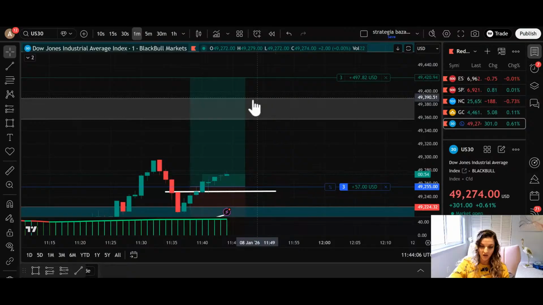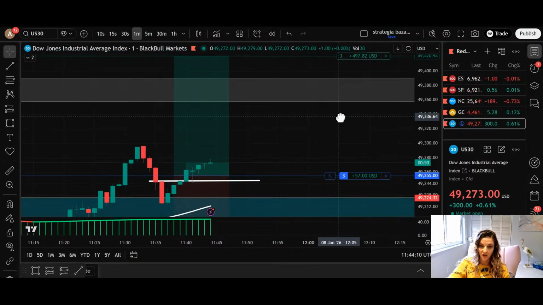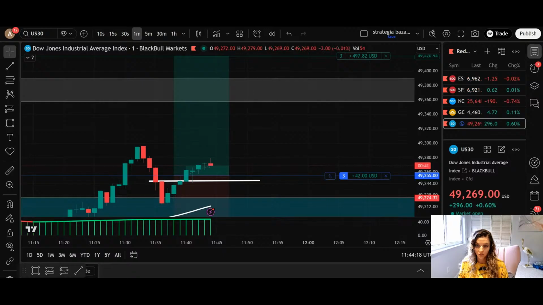But watch this area right here. I will probably trail it. I'm in 49265.